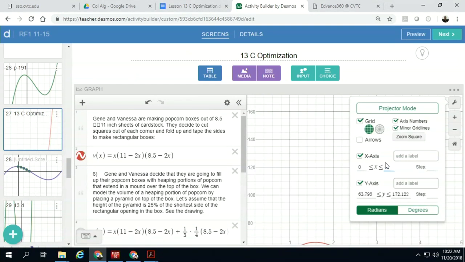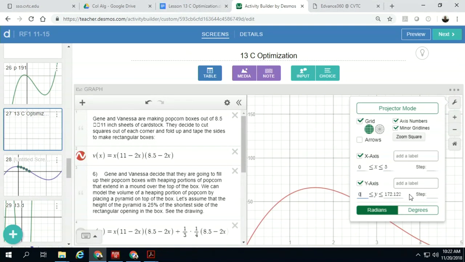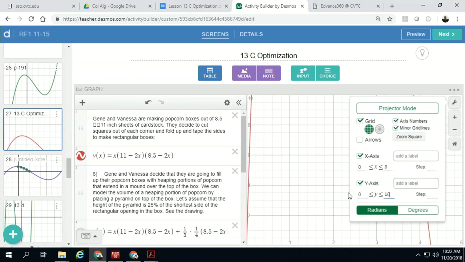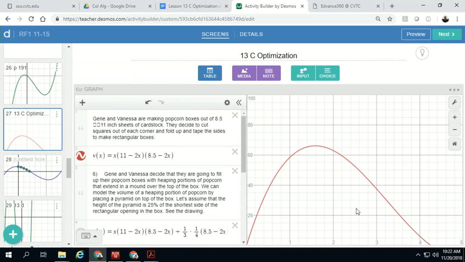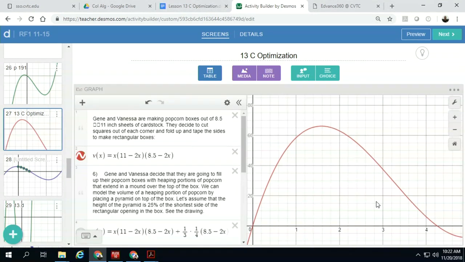Now I went past, we can't have an x that's bigger than 4 1/4, we already said. But my y can go from 0 up to about 100, let's say. Okay, so there's our function of the box.